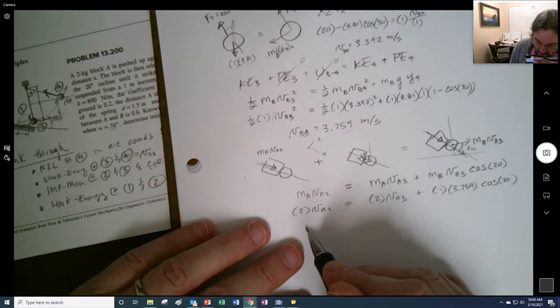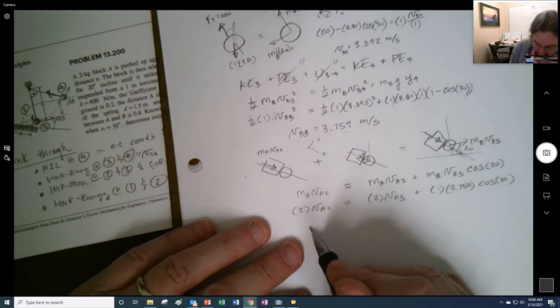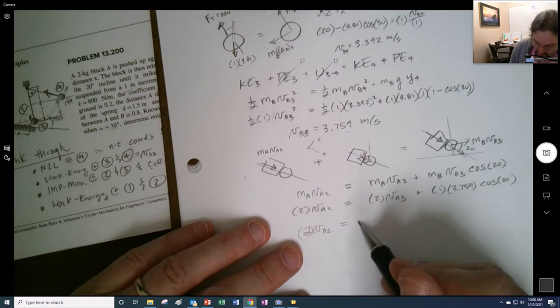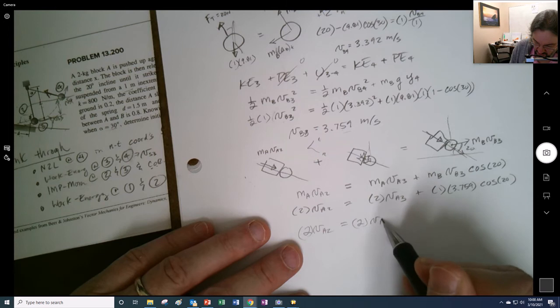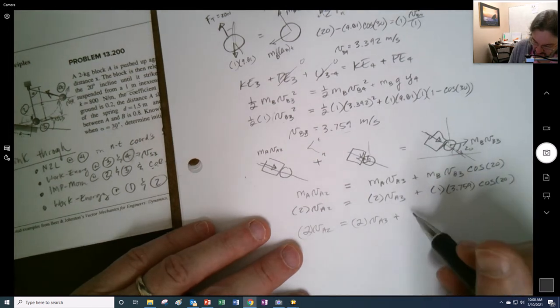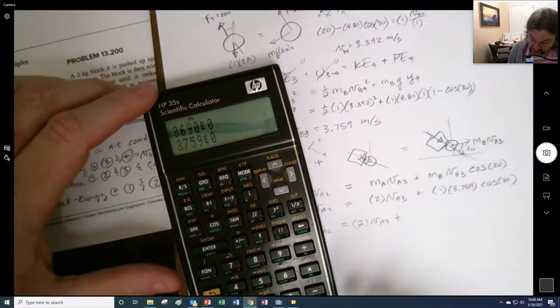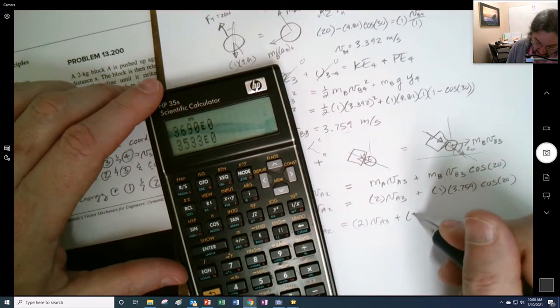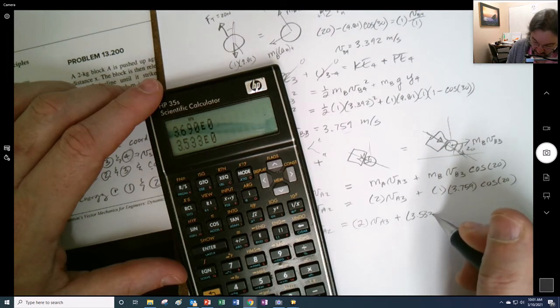So we're going to be left with an equation 2VA2. I'll just keep it on this side right here. 2VA3 plus whatever this turns out to be, 20 cosine times right here. So this is 3.533.